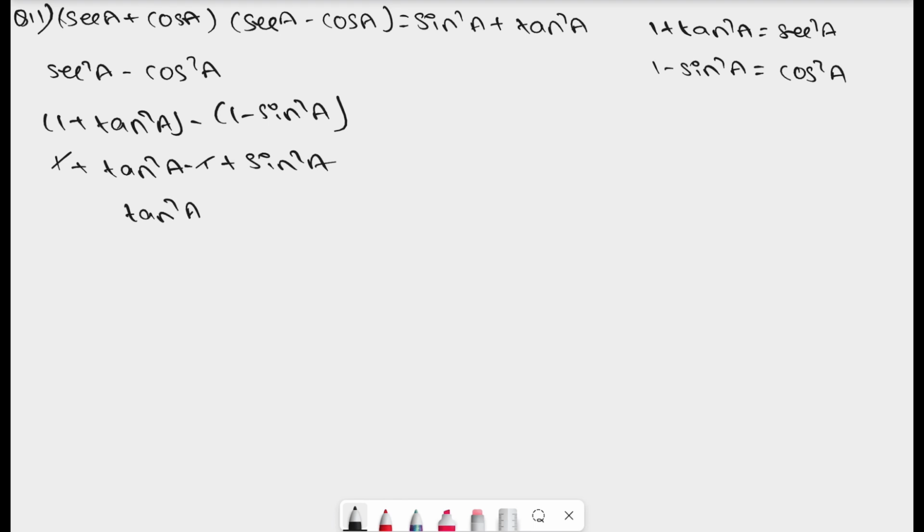We'll be having tan square A plus sin square A, which is our required RHS. Therefore, LHS is equal to RHS.